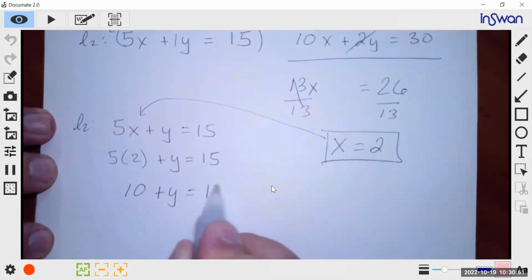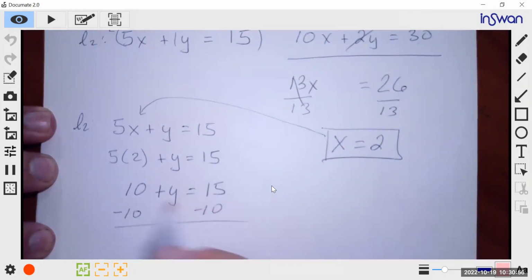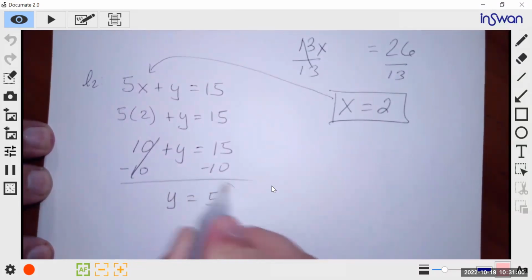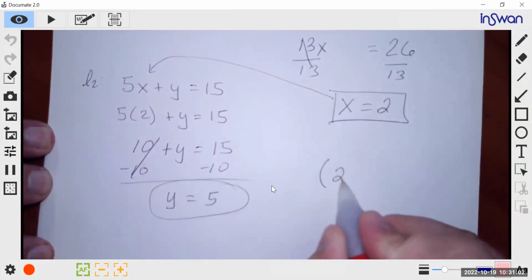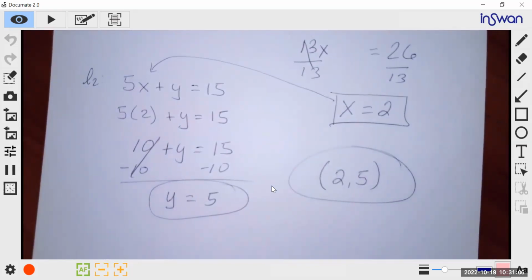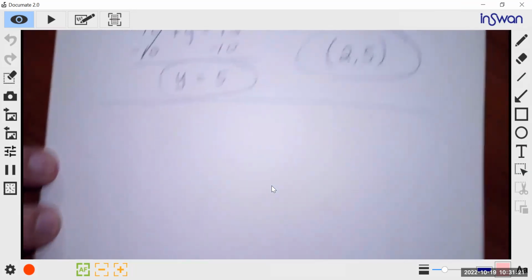Ten plus y equals 15. Subtract 10. y is equal to 5. So there is our solution. Everybody okay with that?